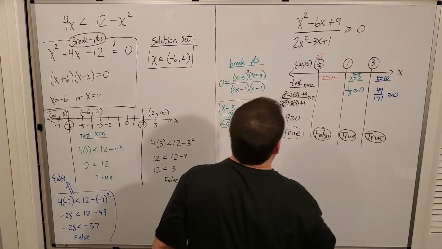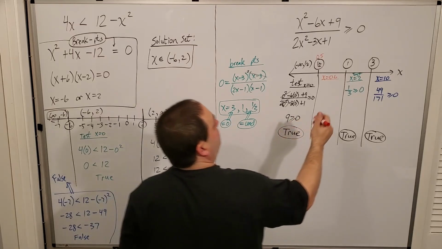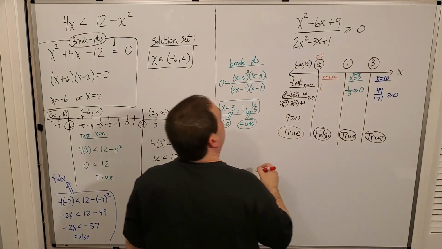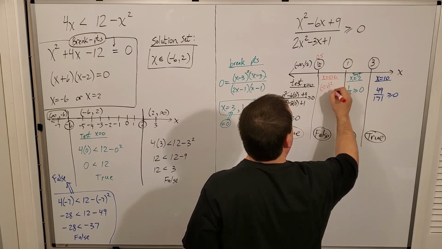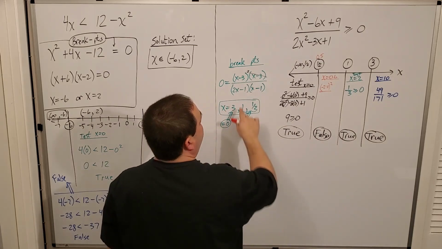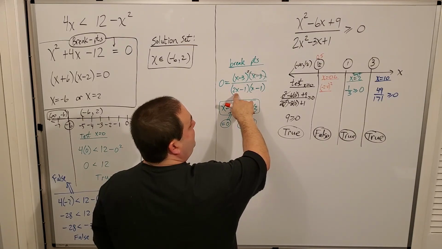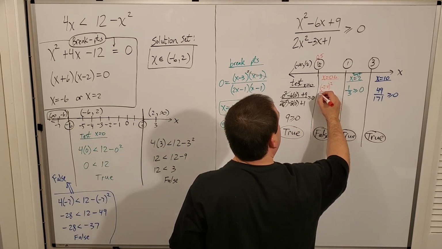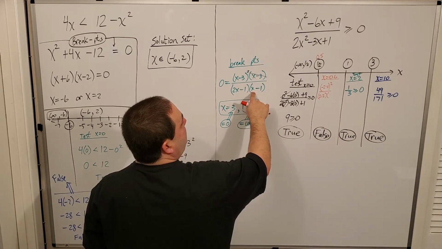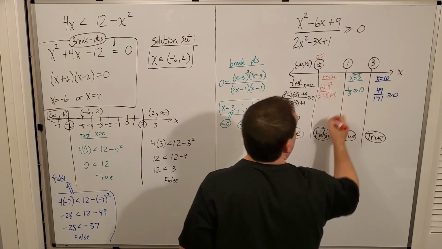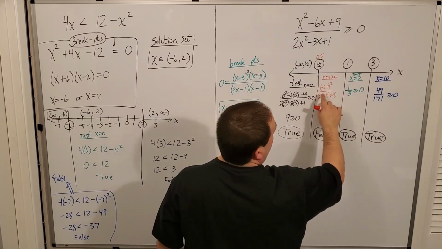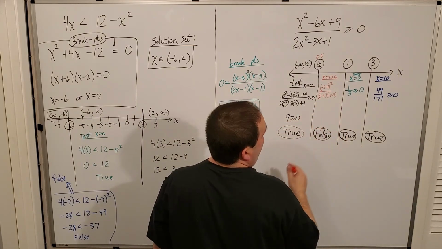0.6 minus 3 is negative 2.4 squared over 2 times 0.6 is 1.2 minus 1 is going to be just 0.2. And then 0.6 minus 1 is negative 0.4. Okay, now if I do that calculation, I want you to notice what's happening here.